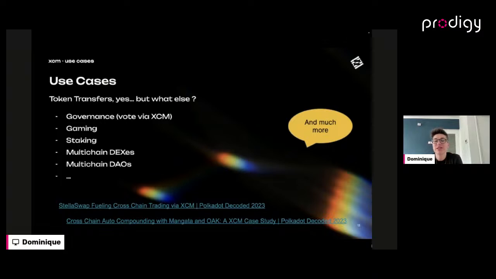So even if the prevalent use case is token transfers, XCM is much wider, much more powerful, and it can be used in a lot of other cases, the ones that we see here, but a lot more, which I couldn't include in this slide.